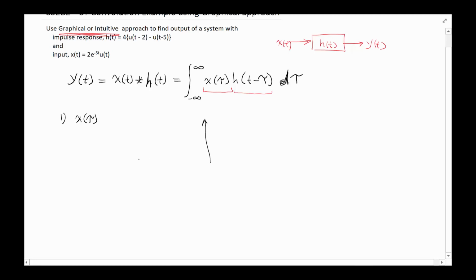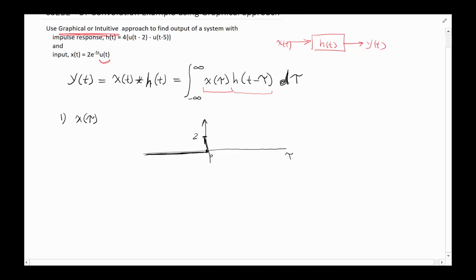If the zero axis is here, and let's say 2 sits here, since x of t is multiplied by this, the function is going to be 0 until it hits 0 on the tau scale.